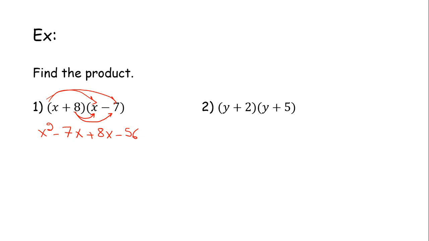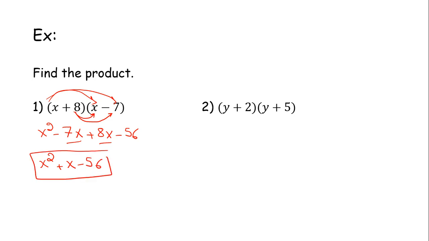So if you look here, I see like terms. Where are the like terms in here? Very good. Negative 7x and 8x are like terms. So x squared, when I combine this and this, 8x take away 7x, I will get a positive 1x, and then minus 56. And here is my product.